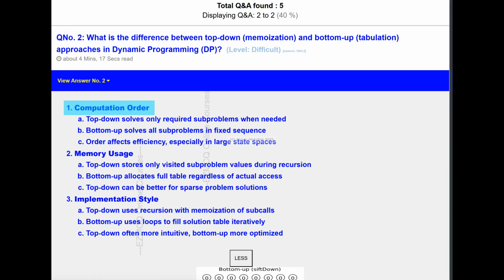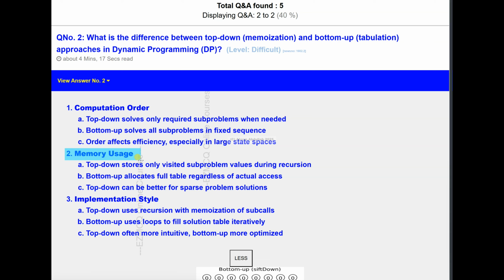Now we move on to the next aspect, which is memory usage. In top-down, values are stored only for the subproblems that were accessed. So as a result, the memory usage is reduced, especially for large sparse spaces.